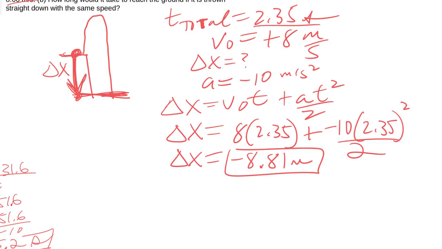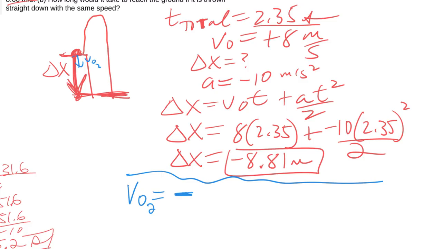Okay, now what I'm going to do is use that delta x. So I'm going to throw it down with the same speed instead of throwing it up. So now VO, this is the second part, VO is going to be negative 8 meters per second.